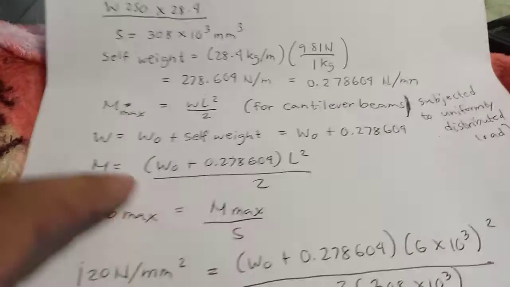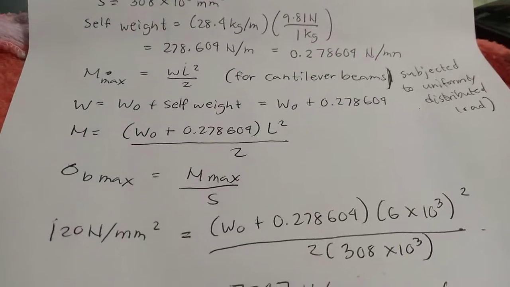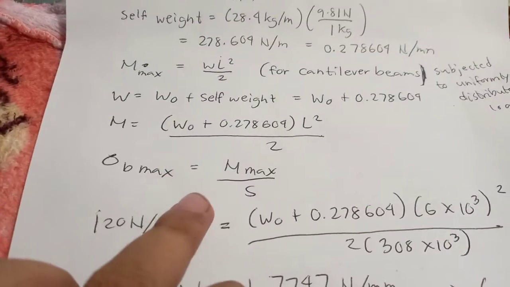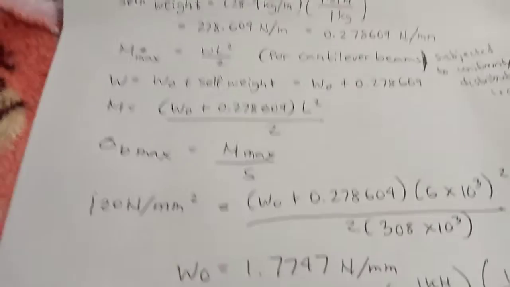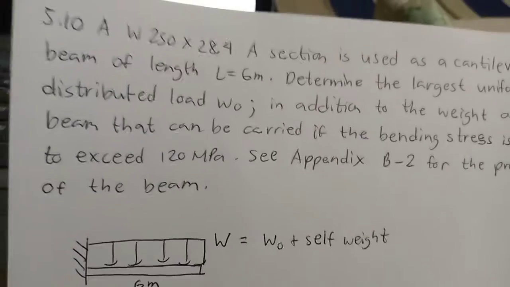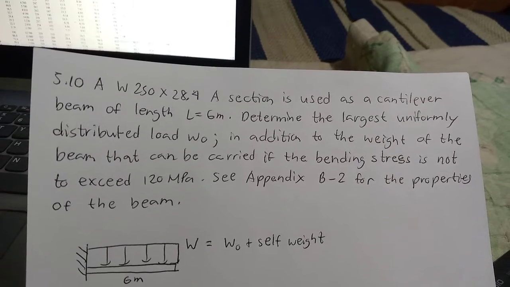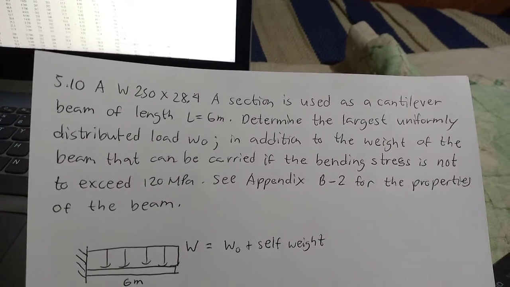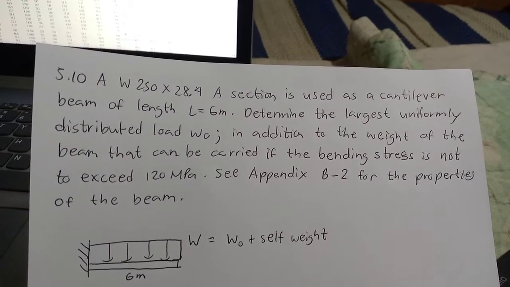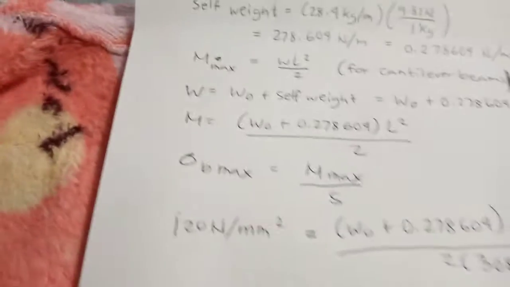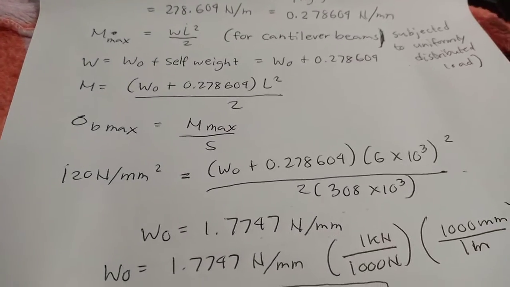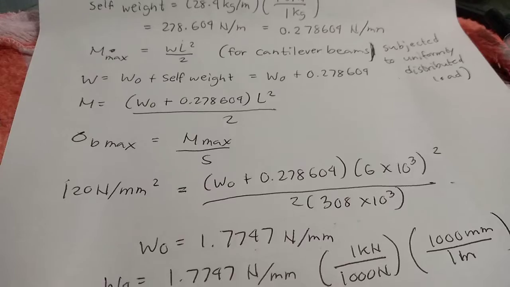We substitute that into the formula, and from the given, the stress should not exceed 120 megapascal. Therefore, our maximum bending stress is 120 Newton per mm squared.